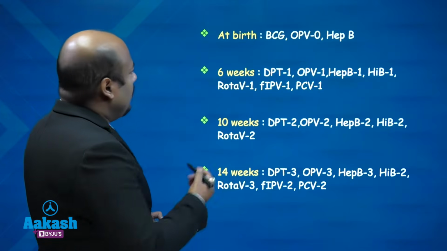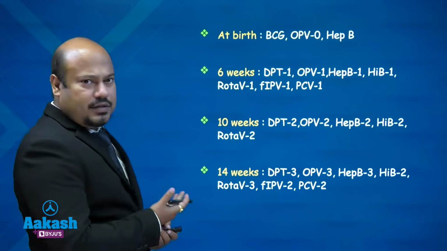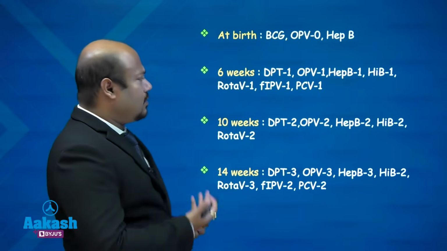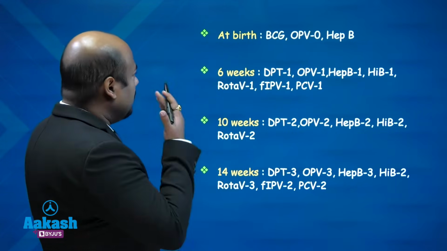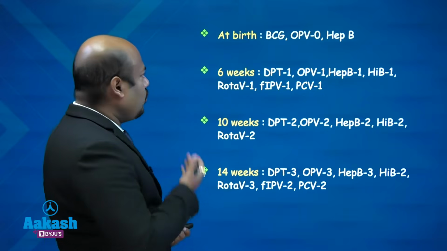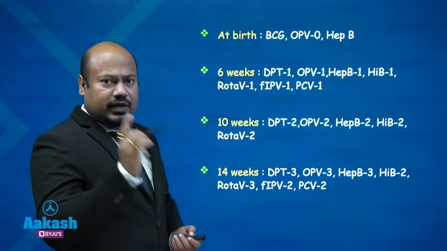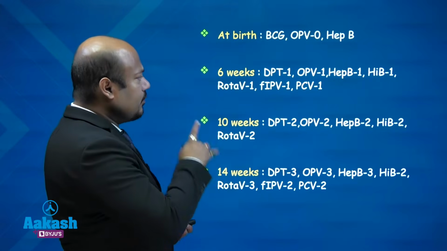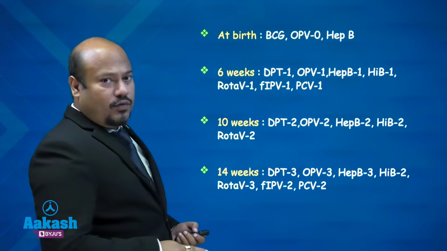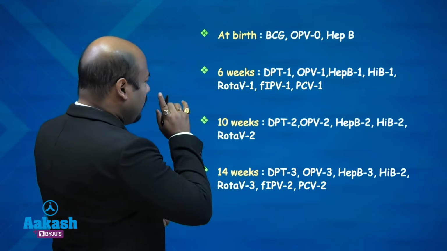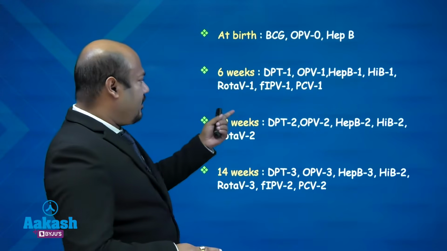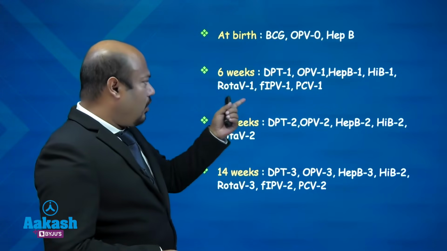Let's quickly brush up the NIS, the National Immunization Schedule, a very important part of the syllabus. Birth dose vaccines: BCG, OPV birth dose and hepatitis B. At 6 weeks, you give DPT, OPV and hepatitis B along with Haemophilus influenzae type B, then rotavirus 1, fractional inactivated polio vaccine 1 and pneumococcal conjugate 1.